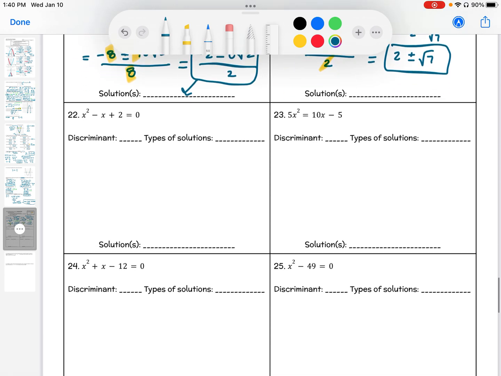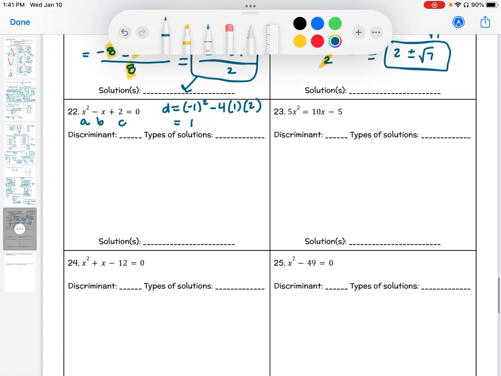All right, next one, let's find our discriminant. So A, B, C. So B is -1, so -1 squared minus 4 times A is 1, C is 2.